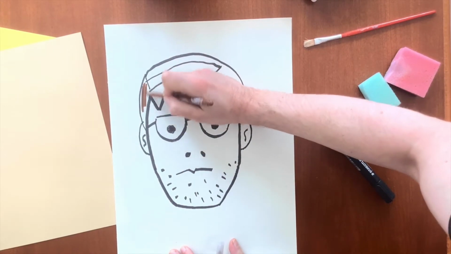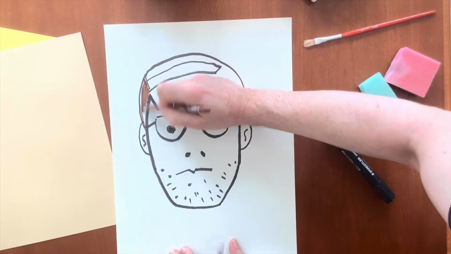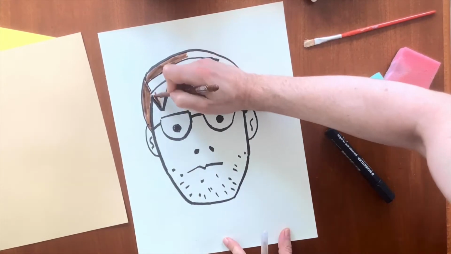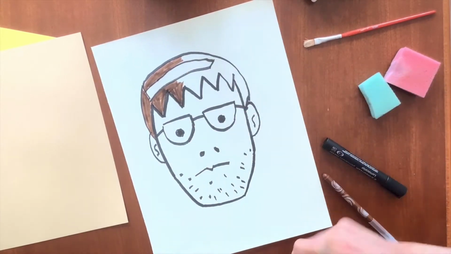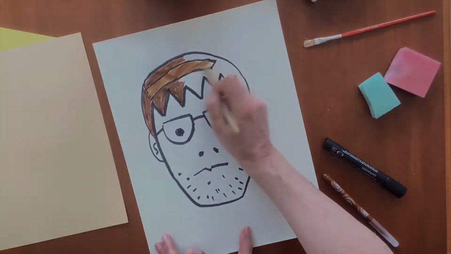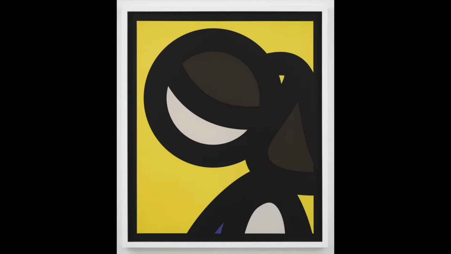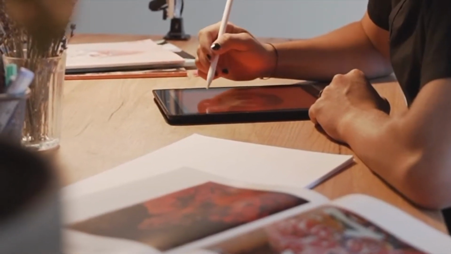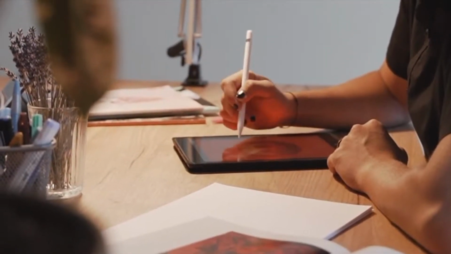Just remember that when you do the hair, you will need two colours. What about the simpler type of Opie portrait? Again, if you've got an iPad, have a go at doing it on the computer.